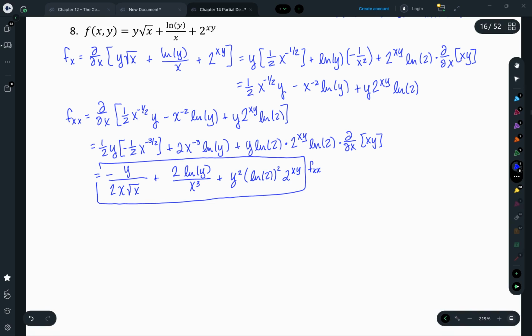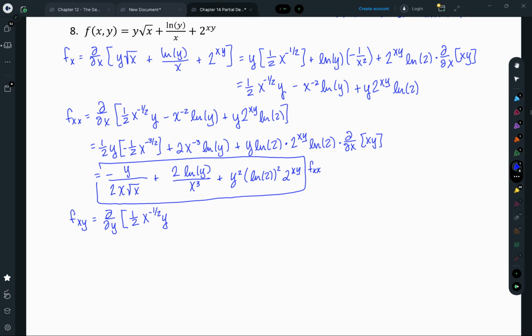All right, one more. After the f sub x, we need f sub xy. So we're going to be finding del y of our original f sub x, which was 1/2 x to the minus 1/2 y, and then minus x to the minus 2 ln of y, plus, and then we're going to have a y, and I'm going to write this as y ln of 2, and then times 2 to the xy.